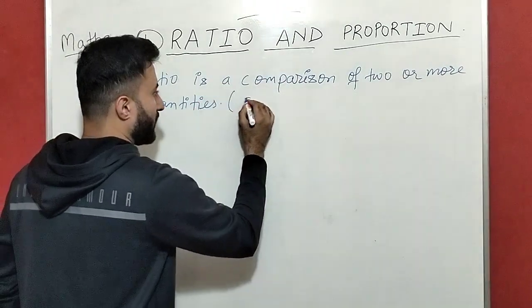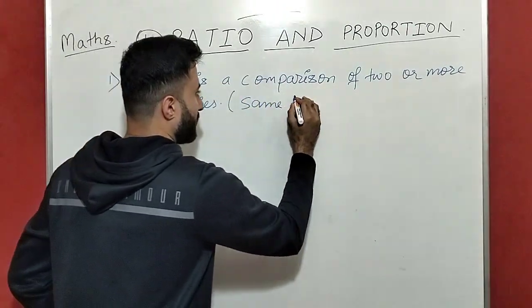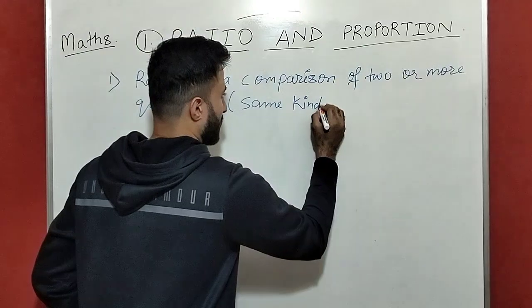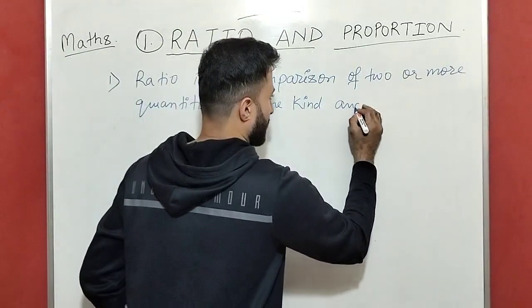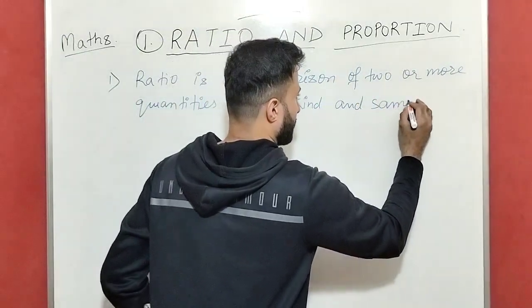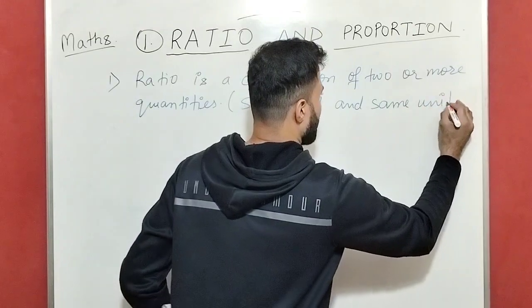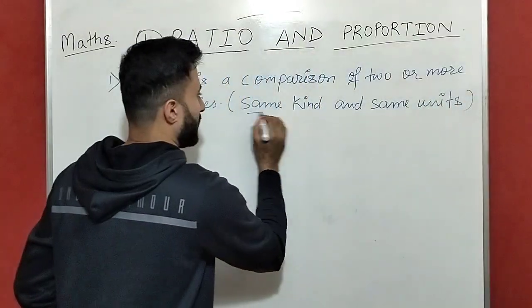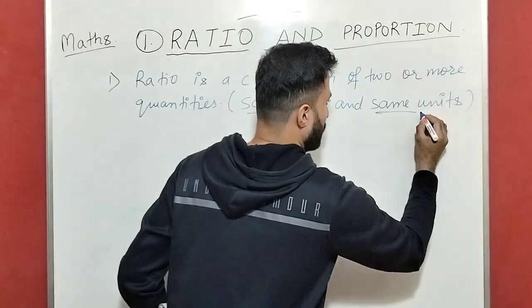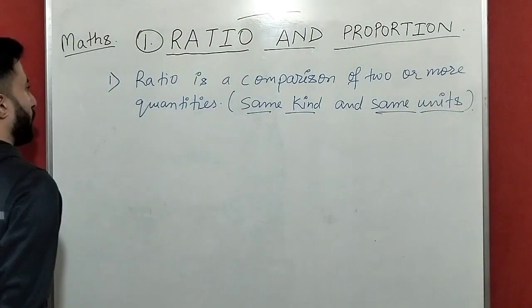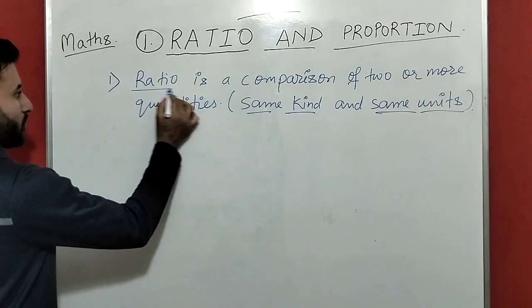Bracket, we will write: same kind and same units. Same kind and same units. This is very important from the ratio point of view.